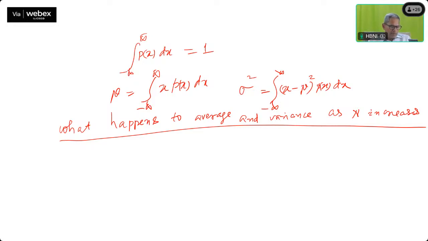To understand this, there is a powerful mathematical result known as the drunken sailor problem. It's a powerful mathematical result that tells what happens to the sample mean and standard deviation as you take more and more data.